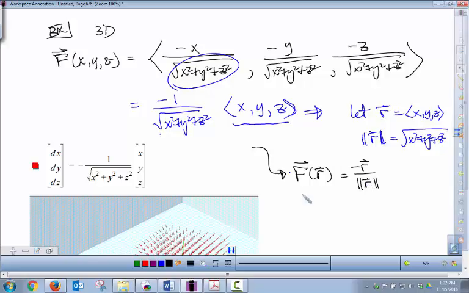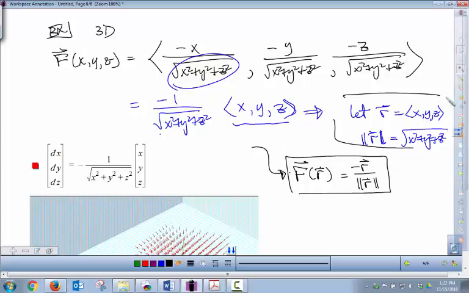But this notation would allow for a slightly shorter hand notation. And like I said, this is how you'll probably see theorems in physics and other places. Okay?